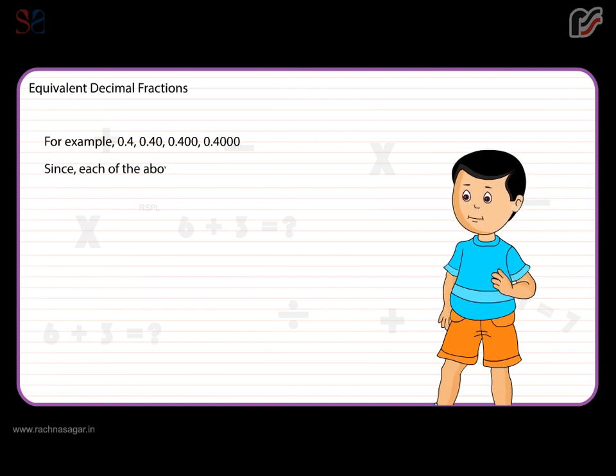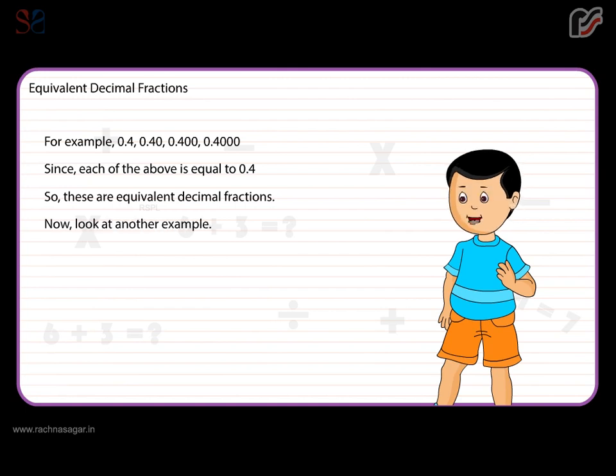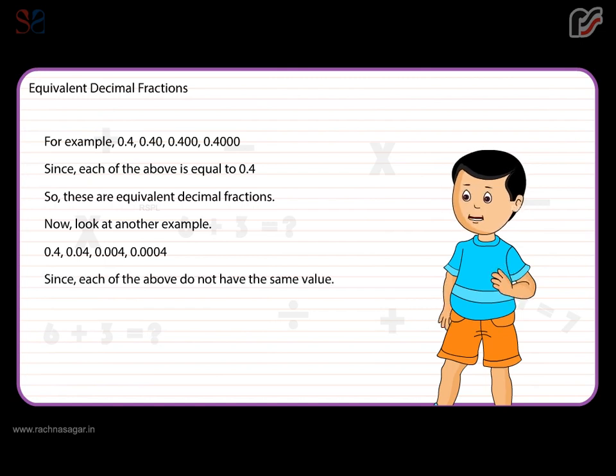Since each of the above is equal to 0.4, these are equivalent decimal fractions. Now, look at another example. 0.4, 0.04, 0.001, 0.004, 0.0004. Since each of the above does not have the same value, these are not equivalent decimals.